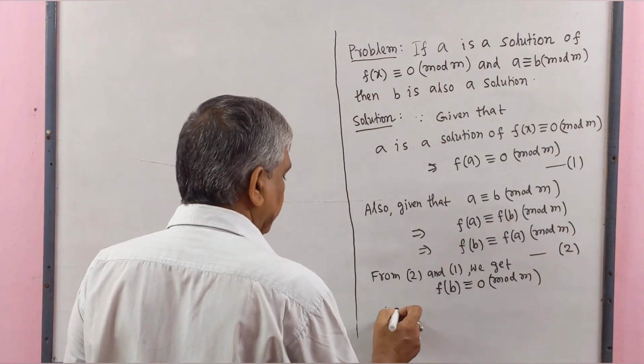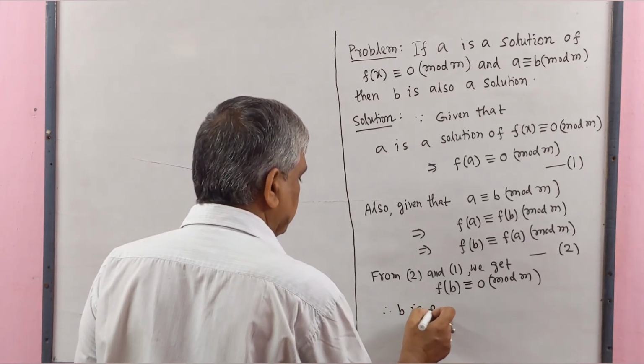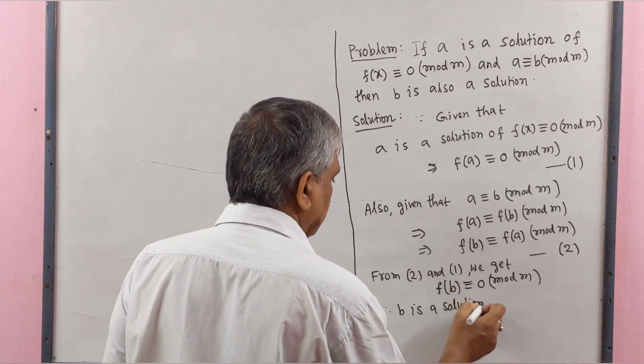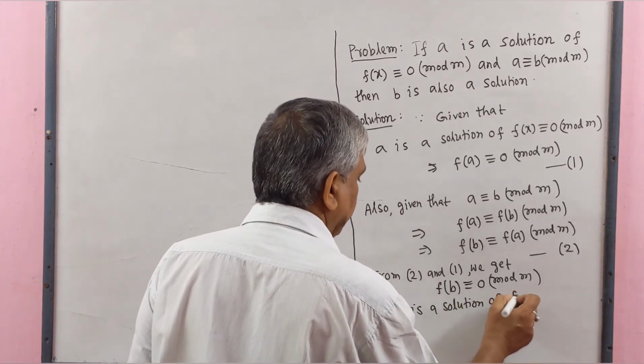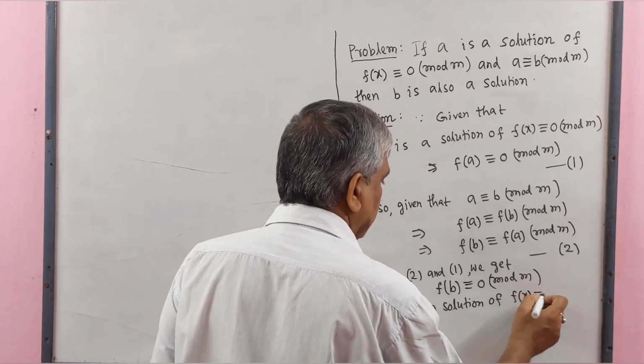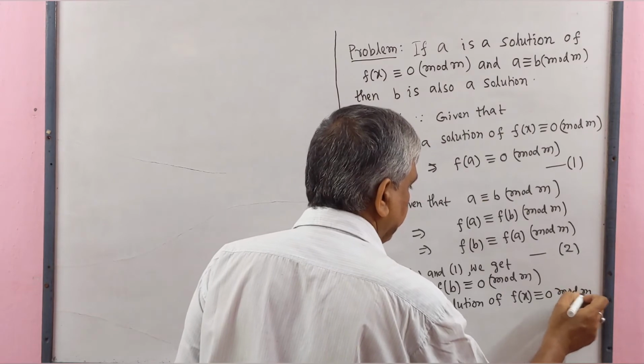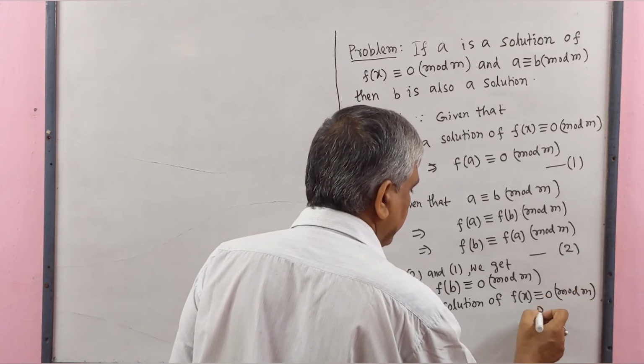Therefore, b is a solution of f(x) congruent to 0 modulo m. Proved.